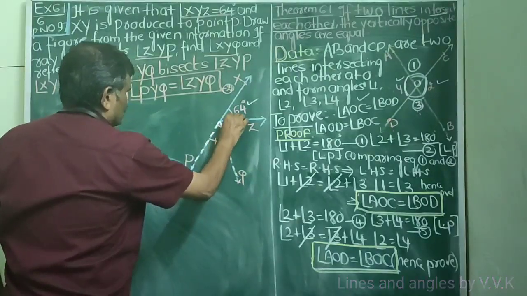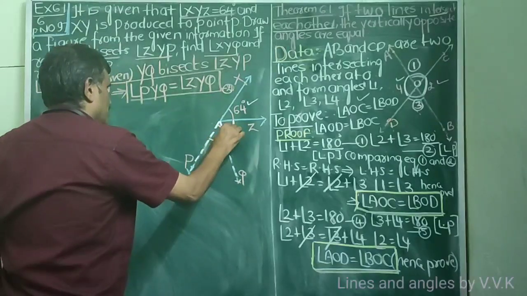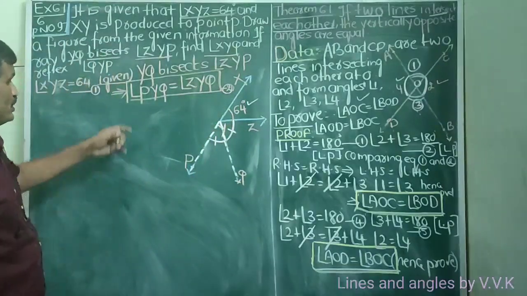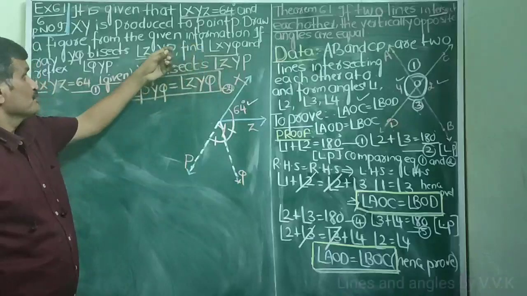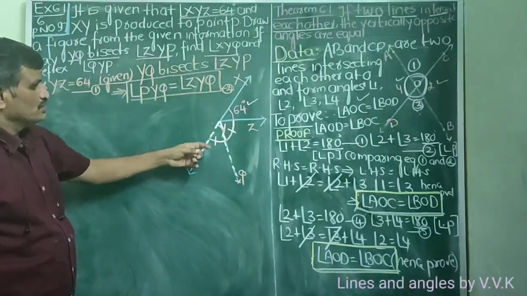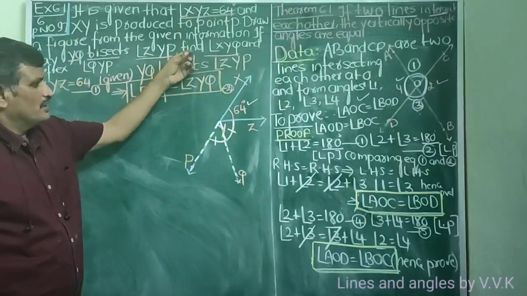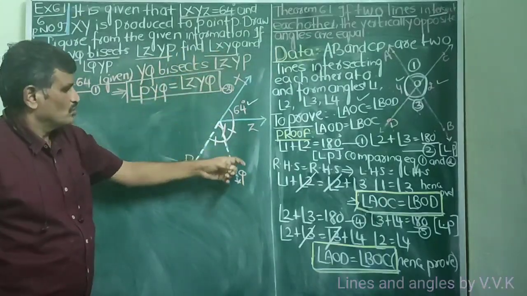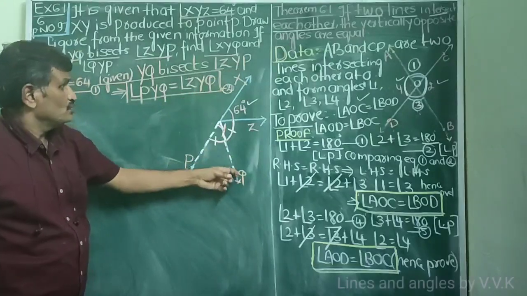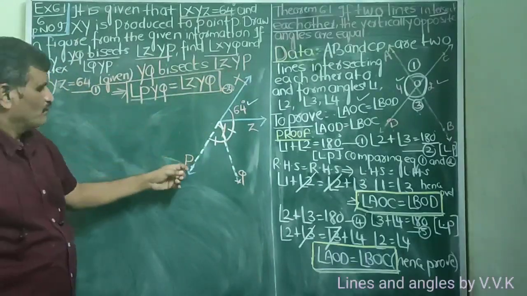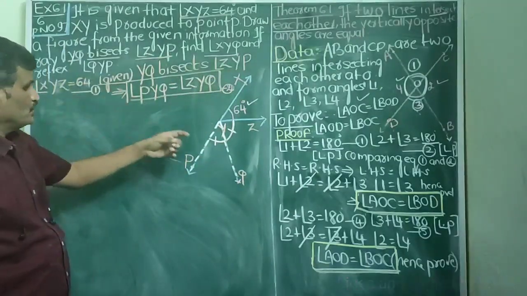This part and this part are equal. So YQ bisects ZYP. Then you have to find what is ZYP, XYQ, and reflex QYP.